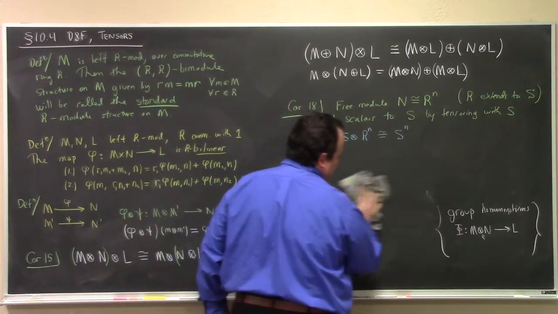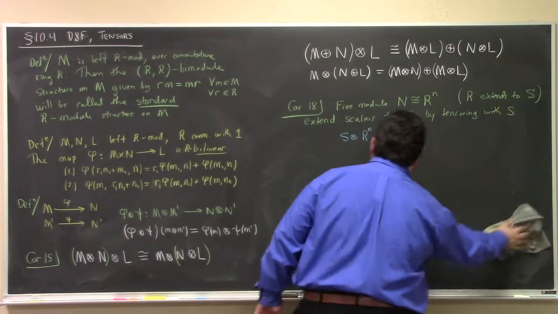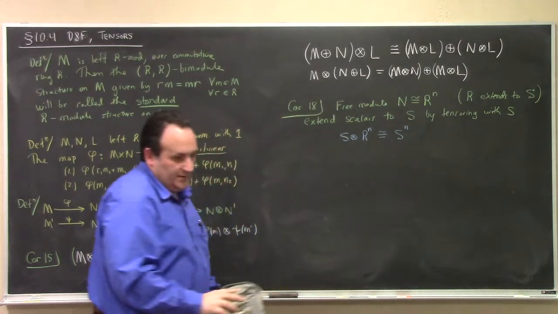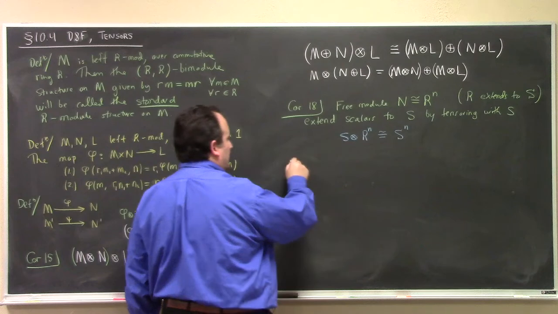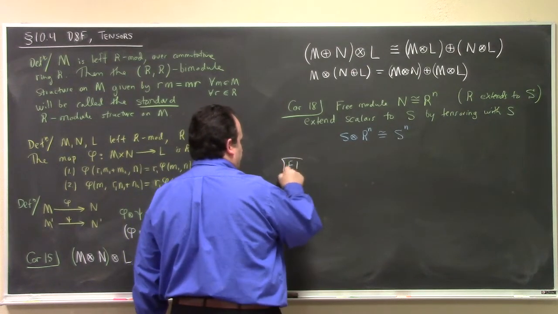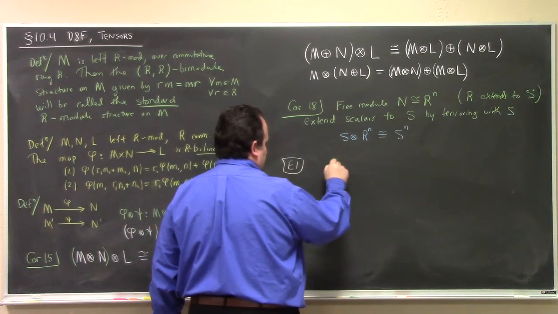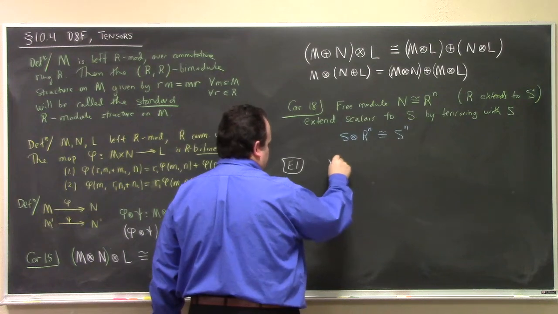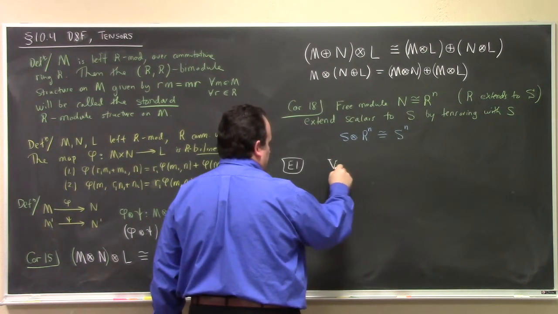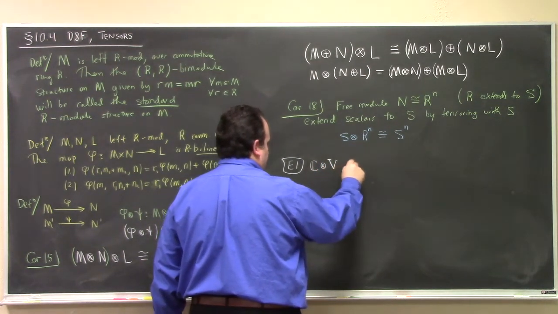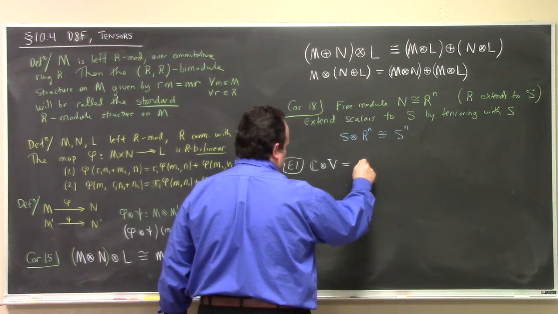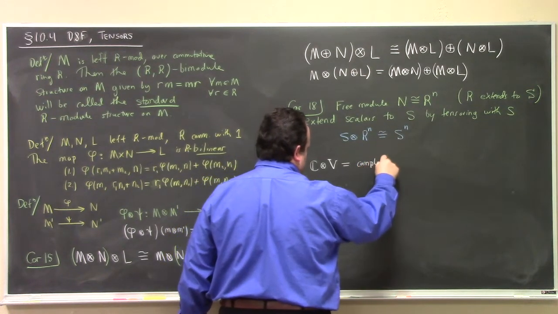Really, in some sense, the first example that you probably see of the tensor product is complexification. So if we have a real vector space, right, and we take the complex numbers and we tensor it with a real vector space, we get the complexification.